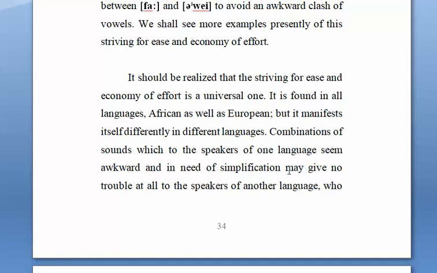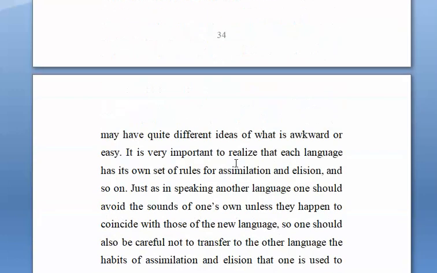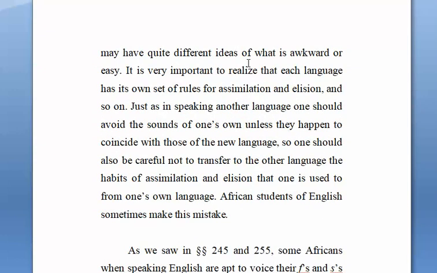Combinations in need of simplification may give no trouble at all to the speakers of another language, who may have quite different ideas of what is awkward or easy. It is very important to realize that each language has its own set of rules for assimilation and elision.